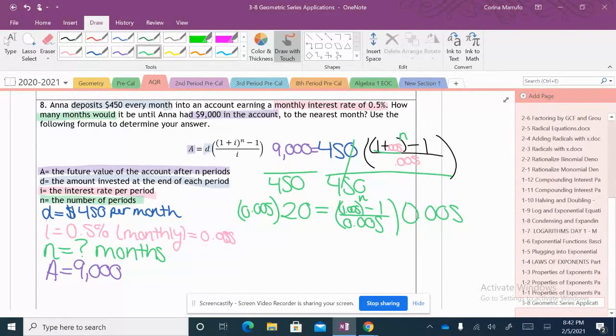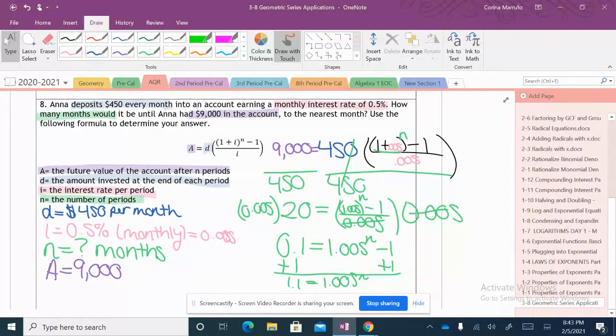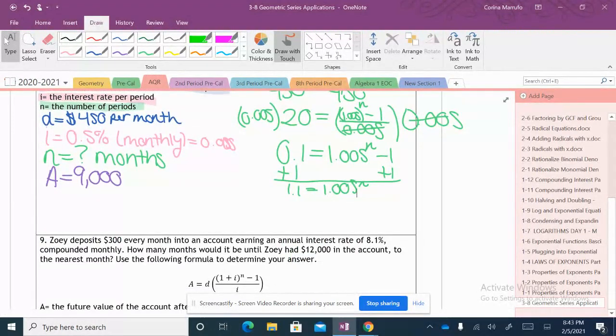All right, and then from there, 20 times 0.005 gives me 0.1 equals, these ones cancel out, and I get 1.005 to the n power minus 1. Then this minus 1, I'm going to move it to the other side by adding 1. And this is going to give me 1.1 equals 1.005 to the power of n. And then, remember when we're solving for exponents, we need to change it into log form.